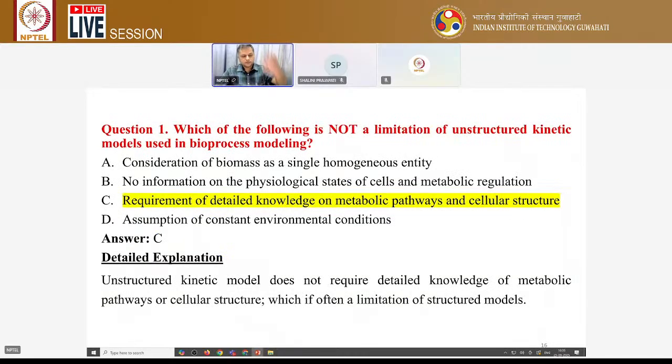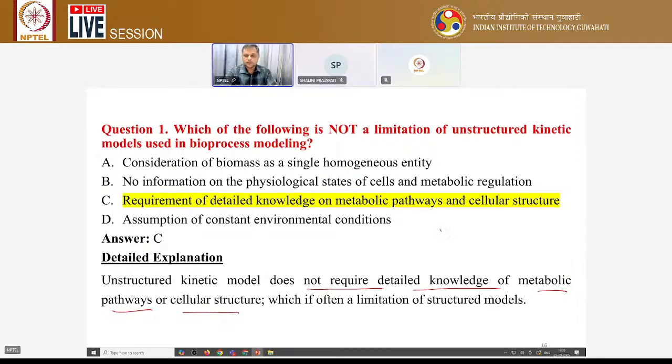Now, the first question is: which one of the following is not a limitation of the unstructured kinetic model used in bioprocess models? The unstructured kinetic model does not require detailed knowledge of metabolic pathway or cellular structure. What does it mean?